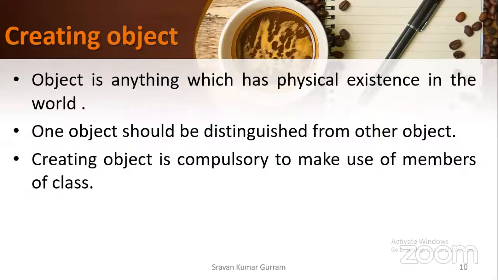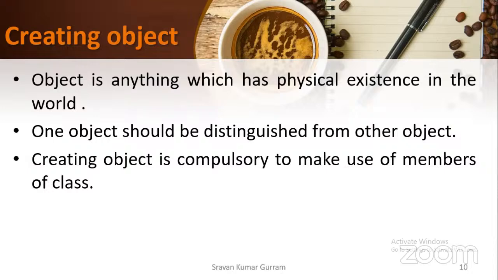Then creating the object is compulsory to make use of the members of the class. This is a very, very important point. Without creating the object, you cannot use the members of the class. What are the members? Already we have seen, members of the class are properties and methods. Properties are stored with the help of variables, and actions are implemented with the help of methods.